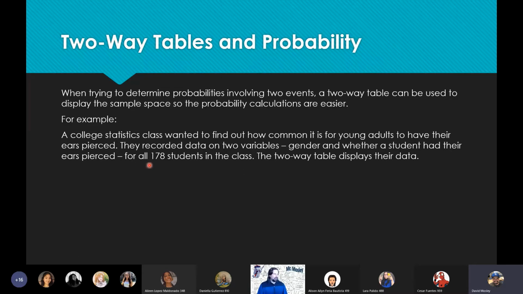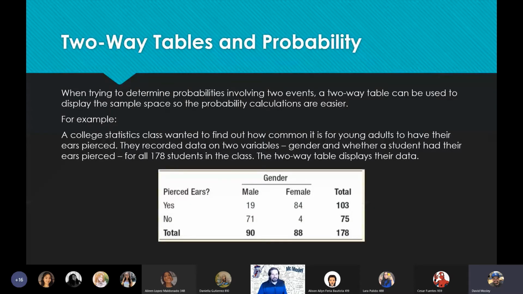All right, for all 178 students in the class, it's a big class, the two-way table displays their data. Here's our two-way table. Again, it's very similar to the two-way tables that we've seen previously for categorical data.